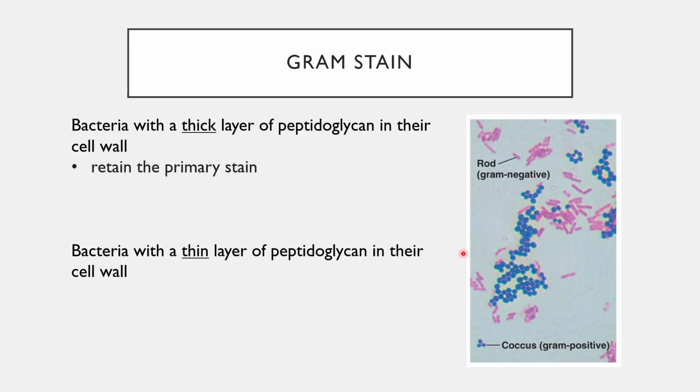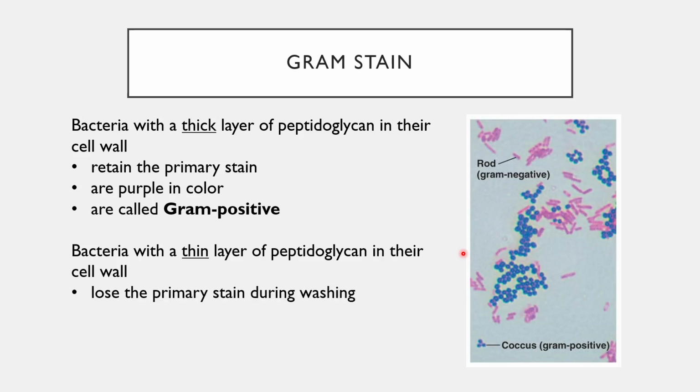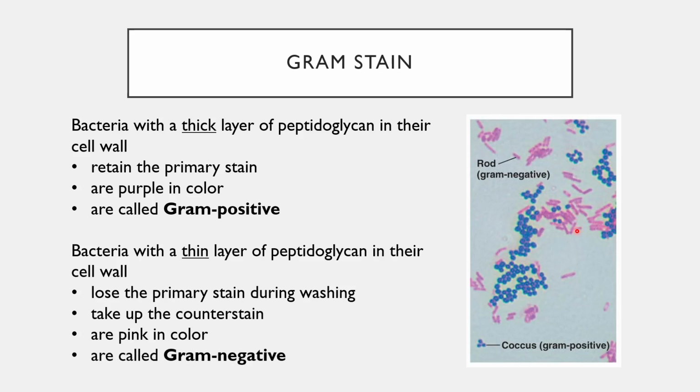On the other hand, bacteria that have a thin layer of peptidoglycan in their cell wall will lose the primary stain of crystal violet during washing, that's pulled out of that thin layer. They will then take up the counterstain of safranin and turn pink in color. And we call these types of bacteria Gram negative.